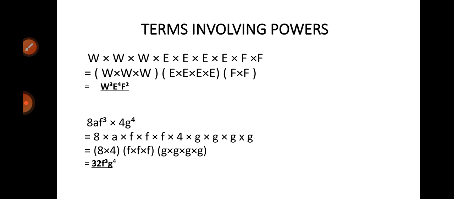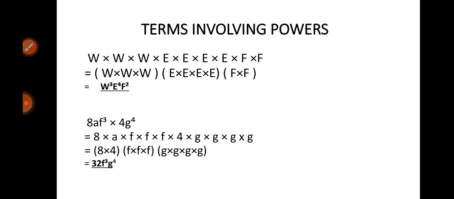Now also we have 8af to the power of 3 times 4g to the power of 4. This one is saying that we have 8 times a times f times f times f, that's 3 f's, then times 4 times g times g times g times g, because the g is to the power of 4.